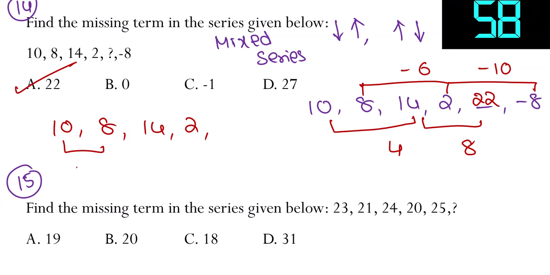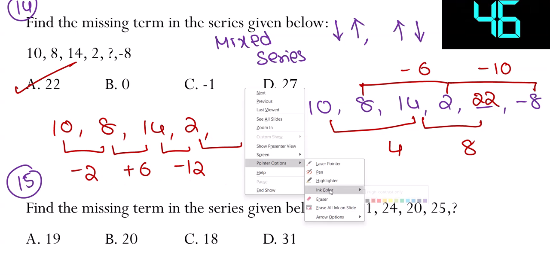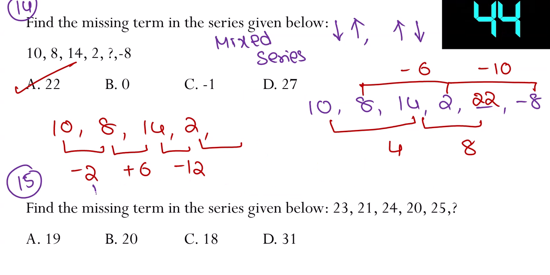Or some people argue, sir, I'll do directly like here. I got difference minus 2, then I got plus 6, then I got minus 12. Then what? Okay, here minus 2, then what can we do here? If you want to check it out, you have to see the difference internally. Here it is 8 difference, here 18 difference.